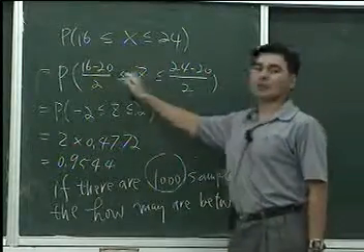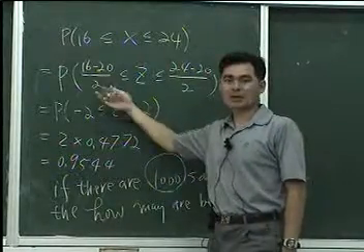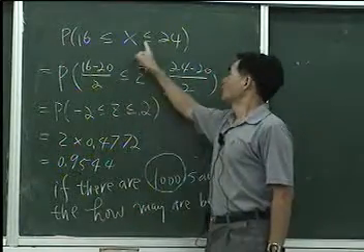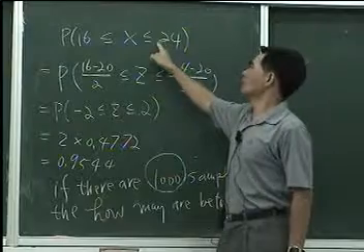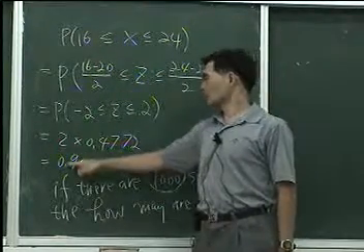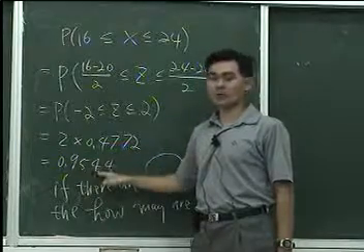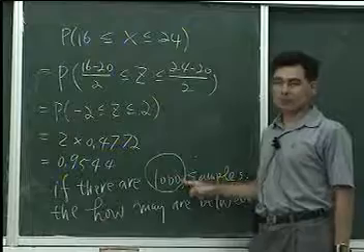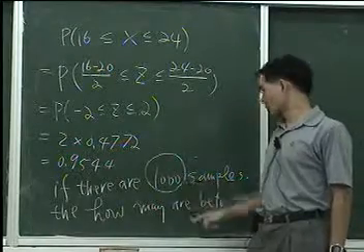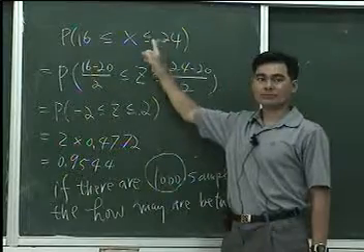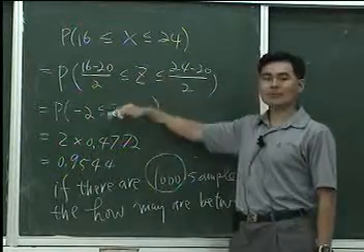We take samples out of a population, and we know the probability that it is between 24 and 16 is 0.9544. Now the question is, if I have 1,000 samples, how many will be between 16 and 24? This is the same question.